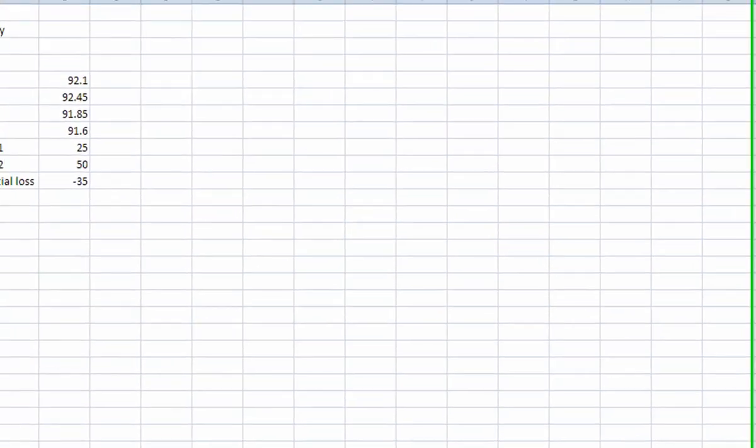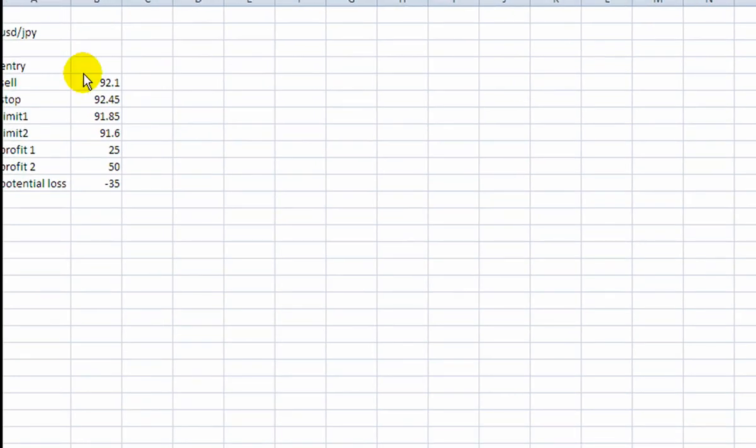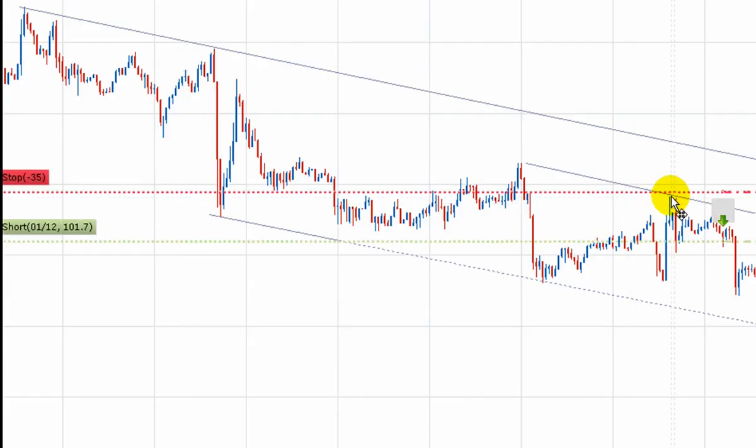Let me show you the trades that I did place. I placed 3 trades last night, and all 3 were short. My entry point was at 92.10. My stop was at 92.45, which was just above the last high, right around here.